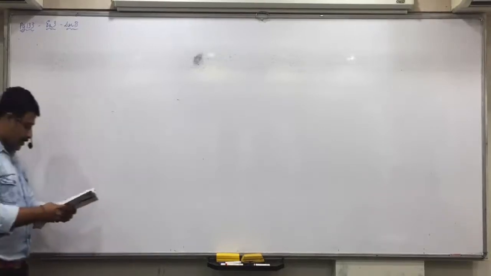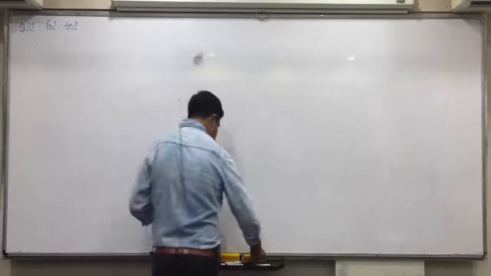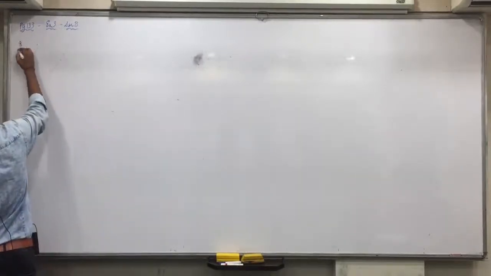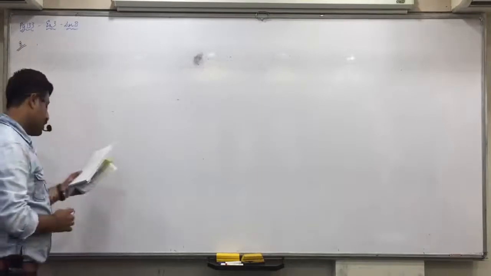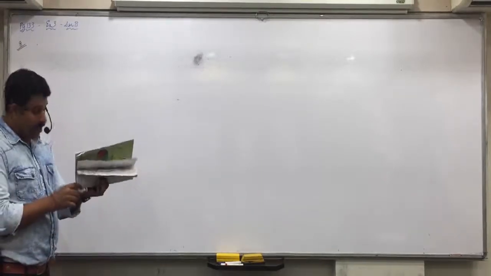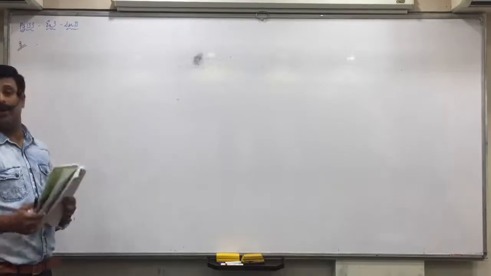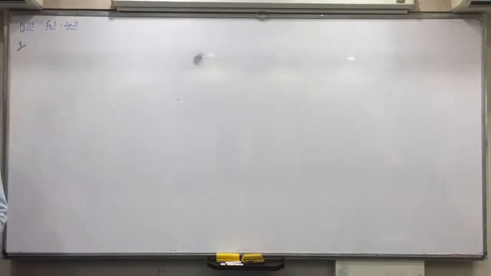Question number 8. What percentage of area is covered under the normal curve with range mu plus minus 2 sigma? We studied the property also, and 2 means the value is 0.4772. So 0.4772's double is 0.9545.